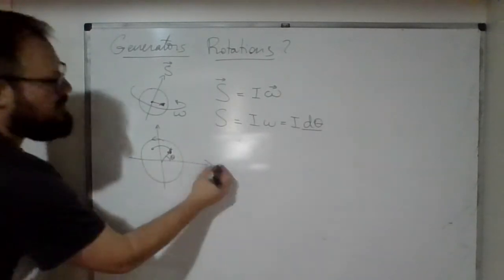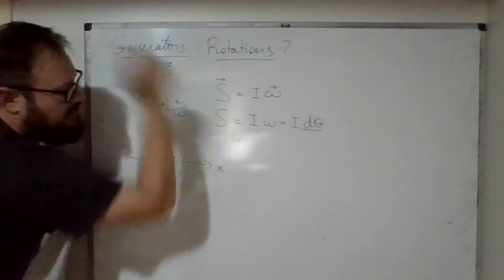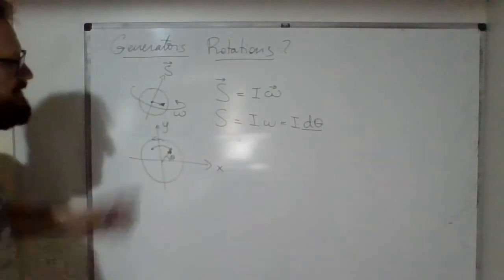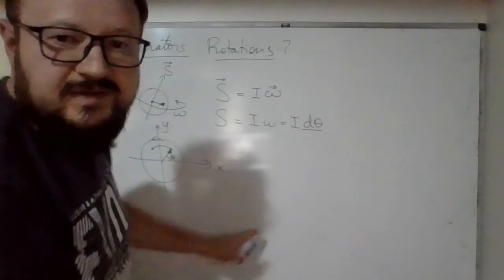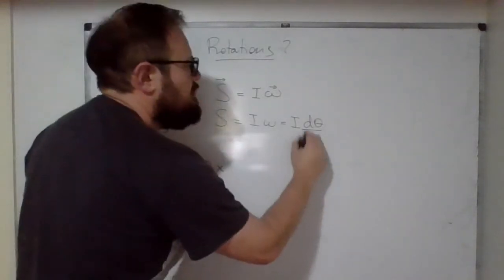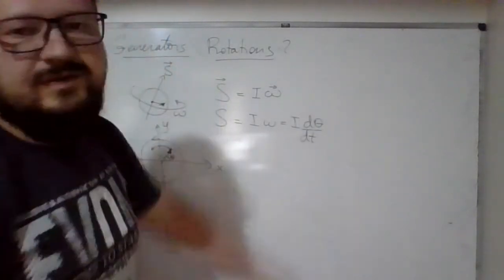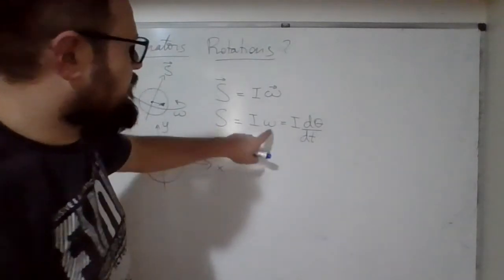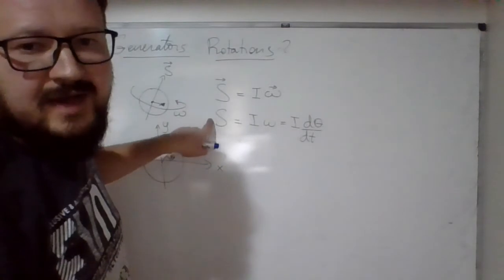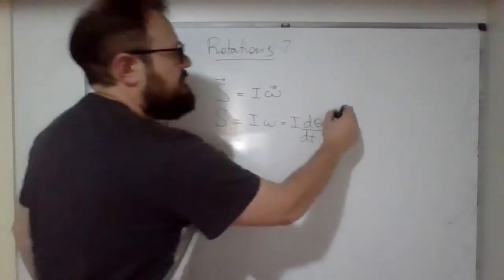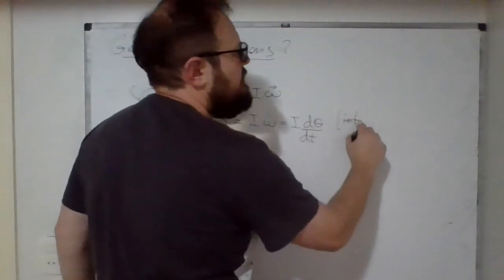This is theta, measured from some axis, say the x axis and this is the y axis, and delta theta over delta t corresponds to rotation. It is this frequency here, and it's related to the intrinsic angular momentum.